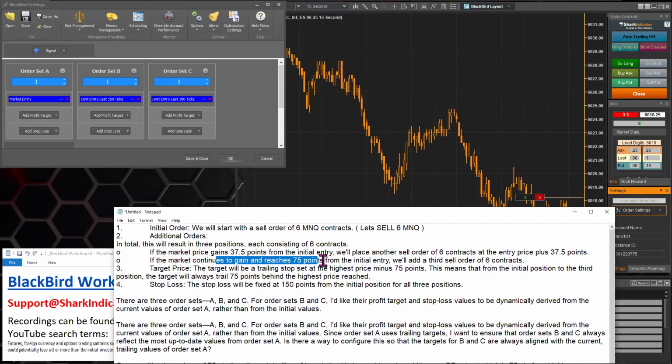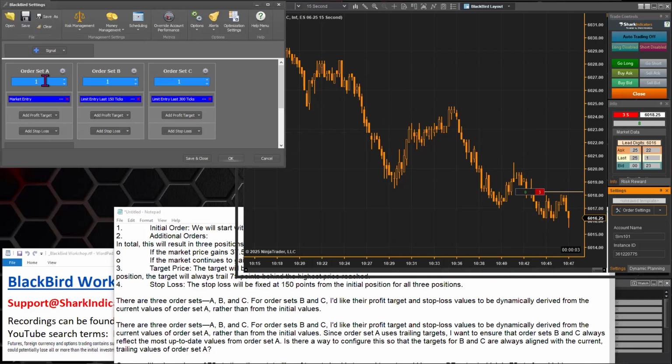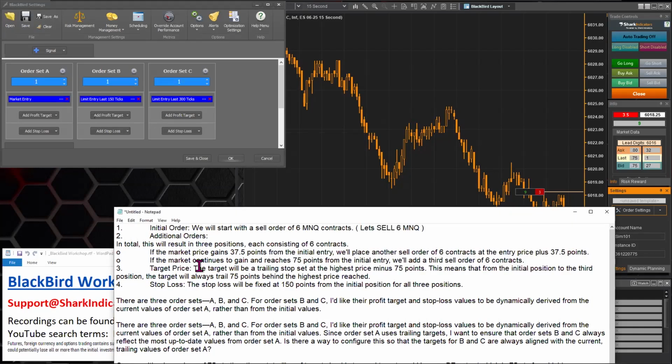Oh, here we go, here is the next scaling. And all of these are 6 contracts. Of course, you can just go in and set the number of contracts as you see fit; that's easy to adjust. So I'm just gonna leave it at 1 contract there. All right. Okay.